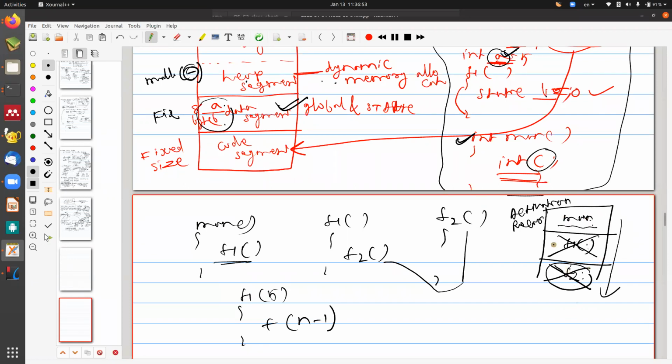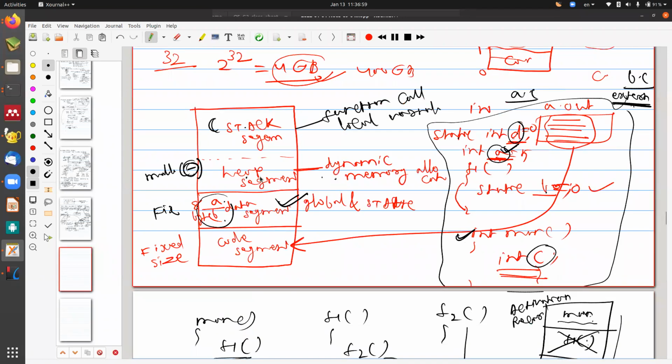But among these active ones, one gets executed and the others are not executing. That's the reason your stack segment and heap segment will gradually grow and shrink depending upon the user's requirement, whereas global variables, static variables, and the code segment are fixed.